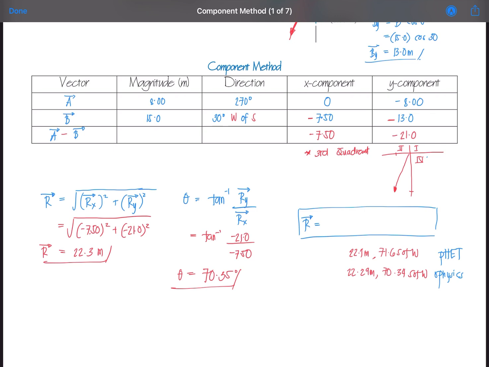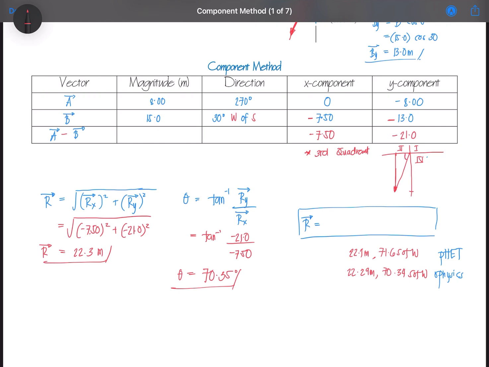But what will be its orientation? Take note that this is the enclosed angle. Right, I'll just erase that. Okay, so that is our resultant.